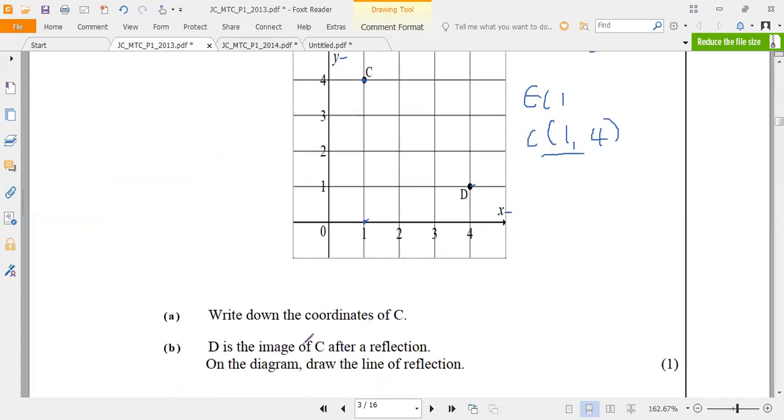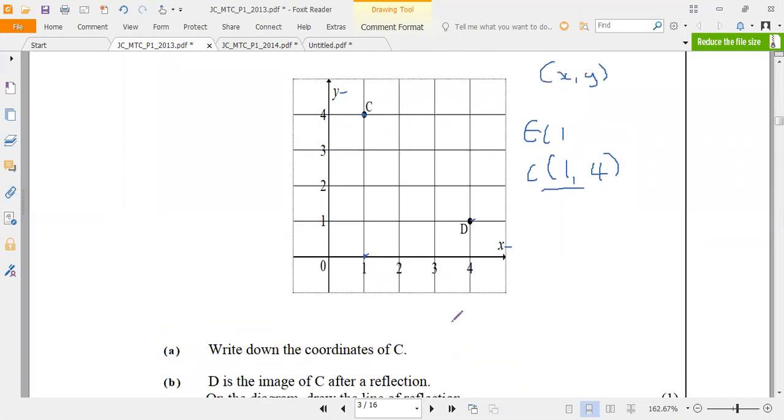Then D is the image of C after reflection. Draw on the diagram the line of reflection. So remember, during reflection, the distance of the image from the line of reflection should be equal to the distance of the object from the line of reflection.